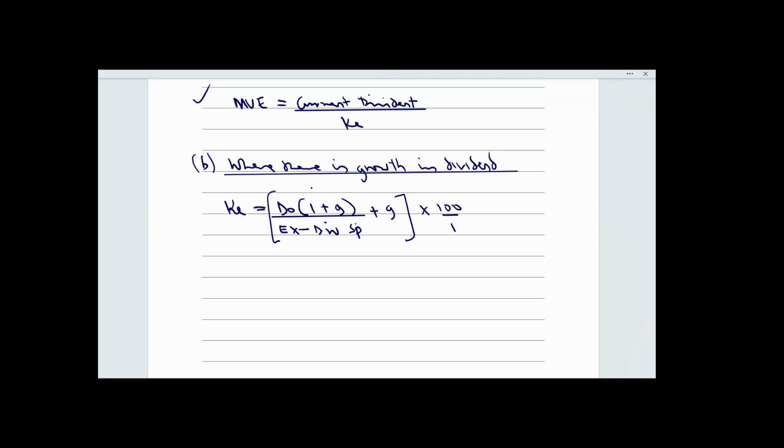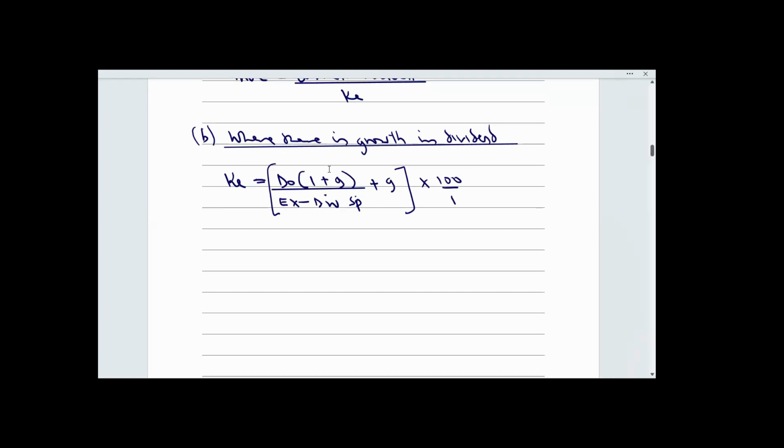So where there's growth in dividend payments, this is the formula that you are going to use on the day of your exam. If you have a question under cost of equity, this will be the likely formula that you are going to use. Now, it is possible you may also be asked to calculate market value of equity where there's growth in dividend payments.